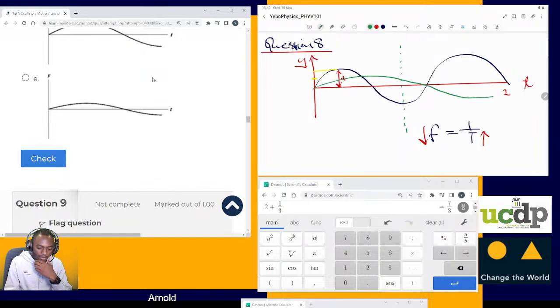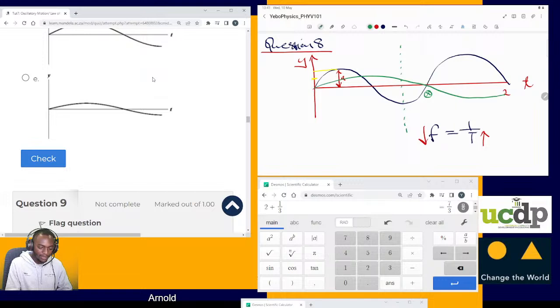So something like this. Why are we doing that? If you look at the graph up to this point where I'm going to put this green star, this was one complete oscillation for the initial case, right?